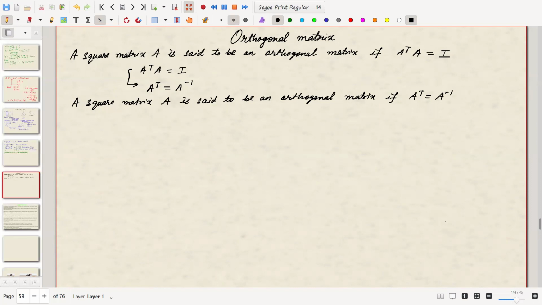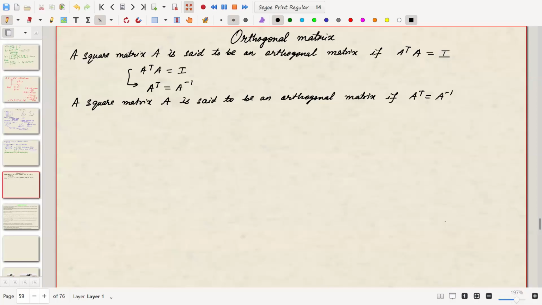More importantly, in an orthogonal matrix, you will see that it has a property whereby you can test just by looking at the elements of the matrix whether it is orthogonal or not. How? Orthogonal should remind you of perpendicular things.